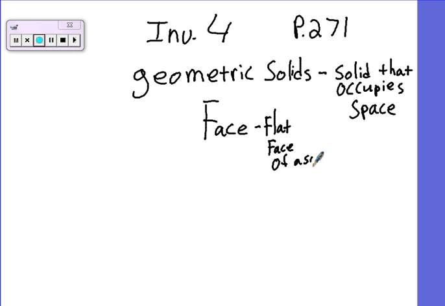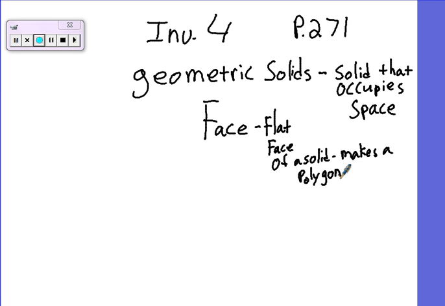It makes a shape, a polygon. For example, the flat face of a cube is a square. One of the flat faces of a pyramid is a triangle. There's also a square on the bottom. A sphere has no face, by the way.